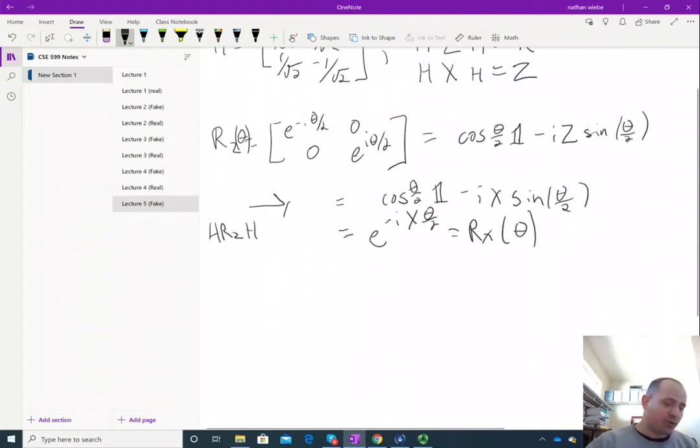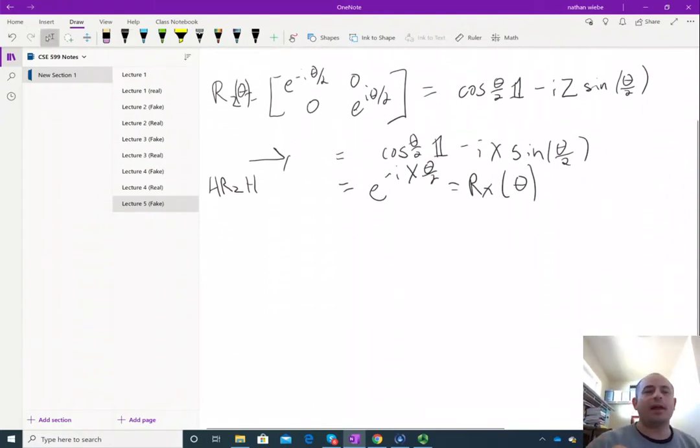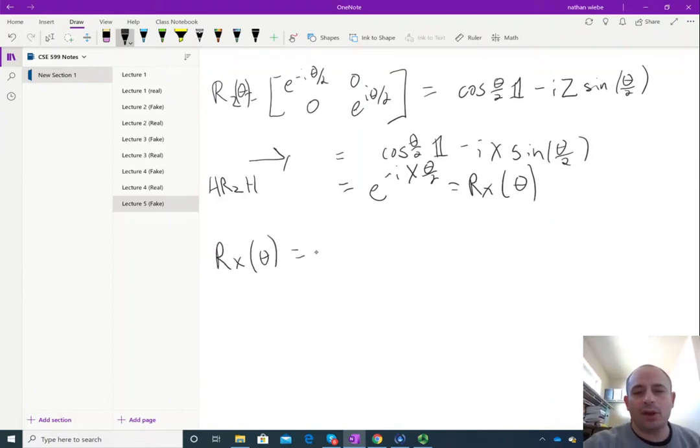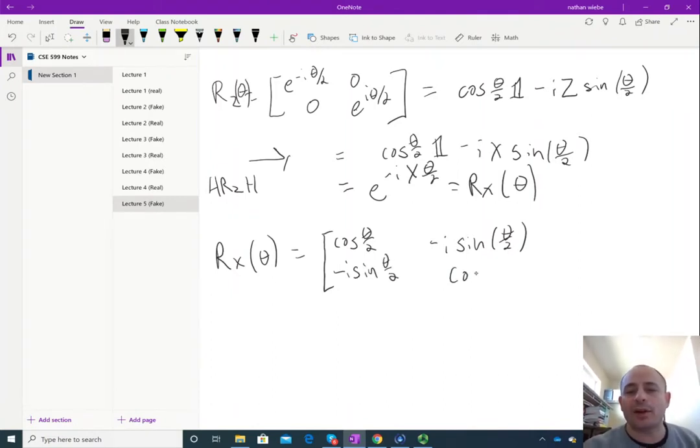To get an algebraic interpretation, we can just plug in identity and X and end up getting that Rx of theta is equal to the matrix with cosine theta over 2 and negative i sine theta over 2 on the top row, and negative i sine theta over 2 and cosine theta over 2 on the bottom row.